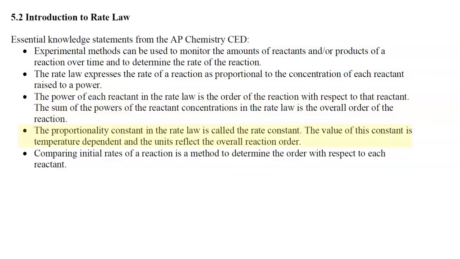The proportionality constant in the rate law is called the rate constant. The value of this constant is temperature dependent, and the units reflect the overall reaction order. Comparing initial rates of a reaction is a method to determine the order with respect to each reactant.